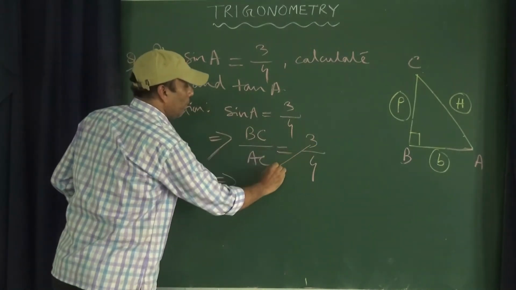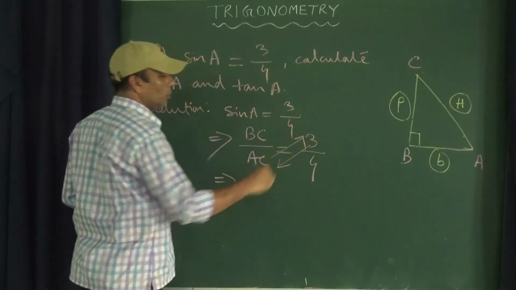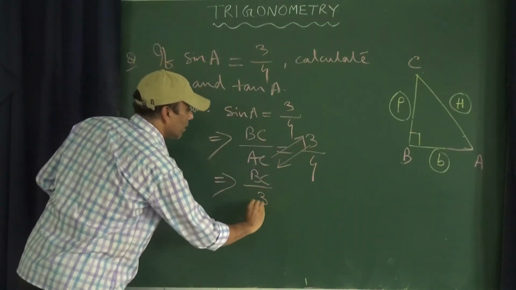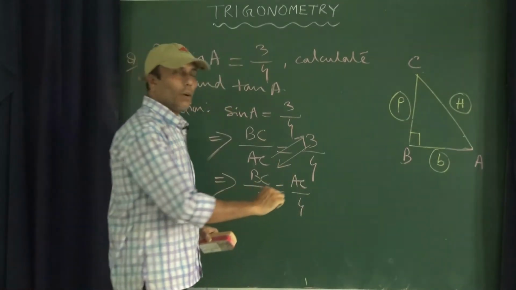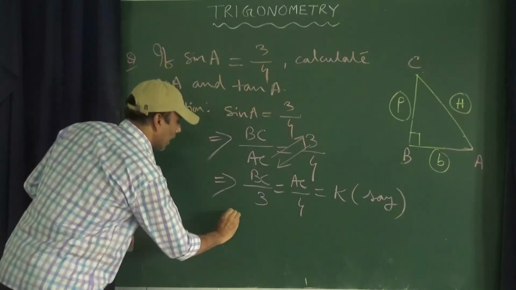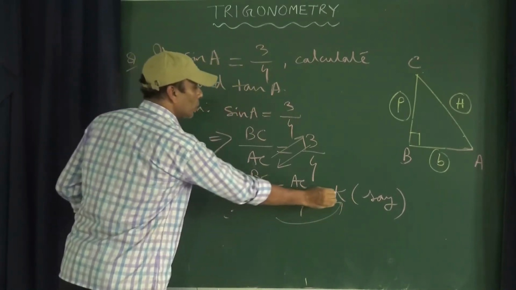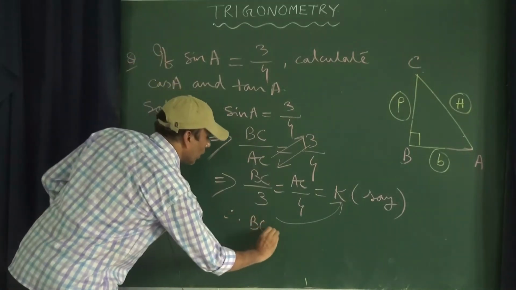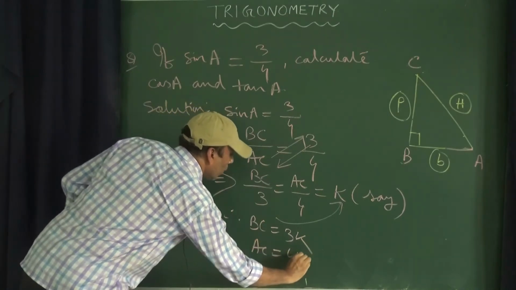So we have actually written perpendicular by hypotenuse. Now this 3 will come in place of AC, and AC will stand in place of 3. So we do cross multiplication. That will give us BC by 3 is equal to AC by 4, and let us suppose this is equal to K. Therefore, BC will become 3K and AC will become 4K.